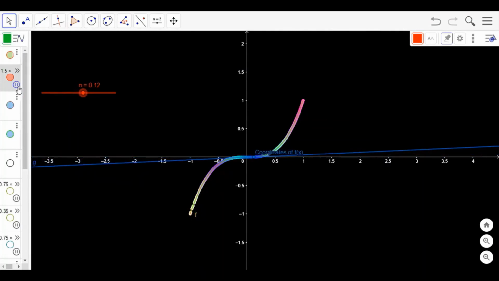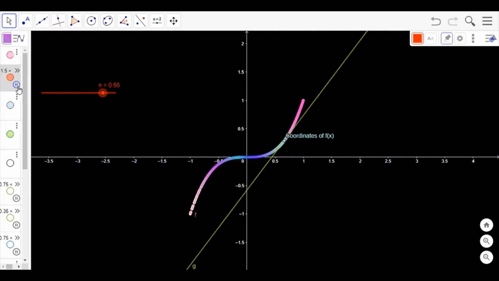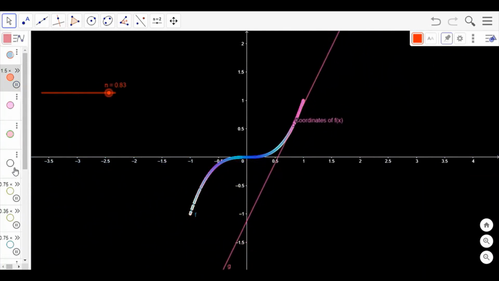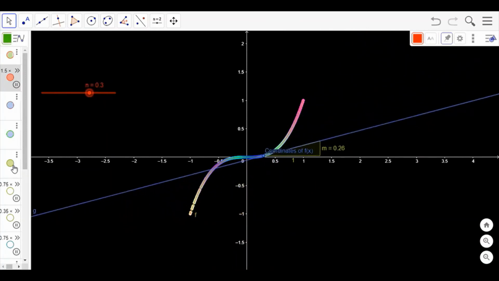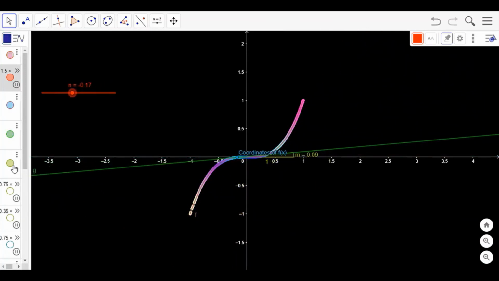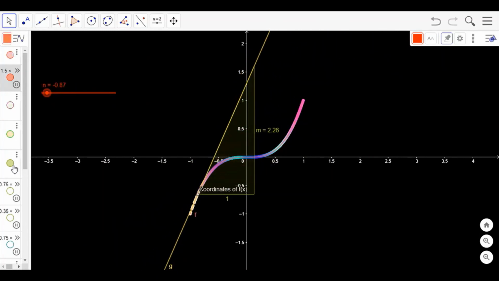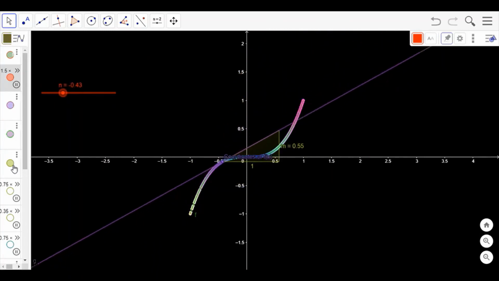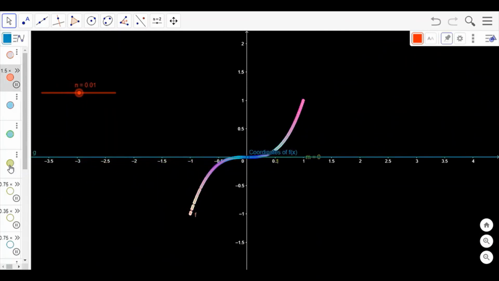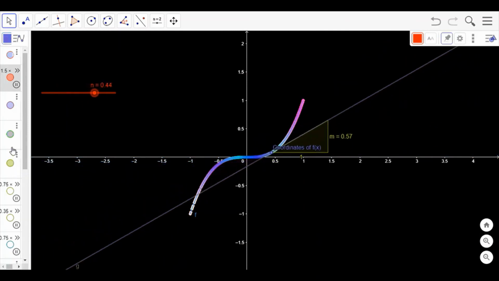Now look at this graph and look at the tangent also. Try to visualize on your own and understand which point in this curve can be a point of inflection. So wait a bit.